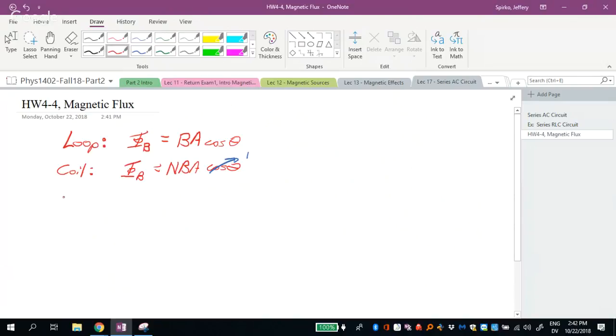And then there's one more. The inductor. The magnetic flux of an inductor is the inductance times the current.